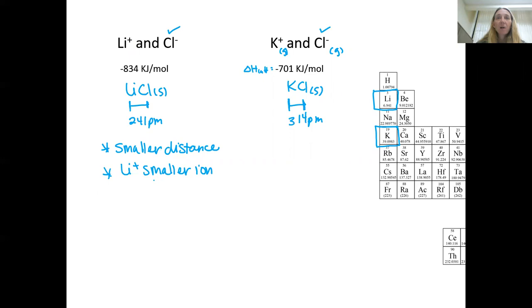Which makes sense if it has a smaller distance. And because it's a smaller ion, it has fewer energy shells to make it smaller. Okay, and because of that smaller distance, like we have to push these things closer together because they're smaller, it's going to release more energy.